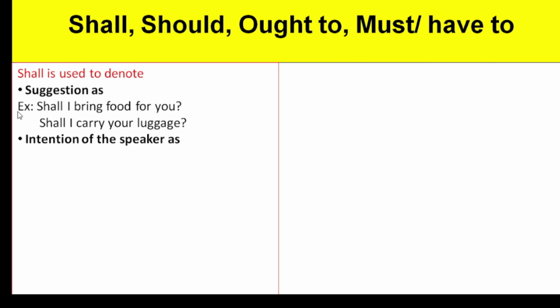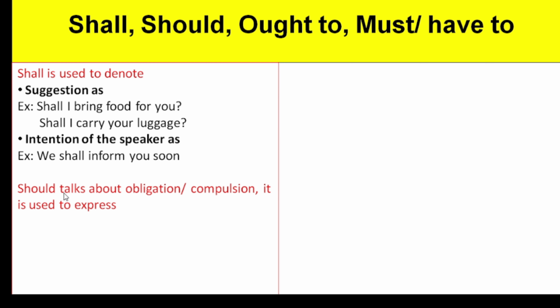This shall can also be used for the intention of the speaker, as in, we shall inform you soon. Maybe at the time of the examination or when you have submitted an application, they say we shall inform you soon.